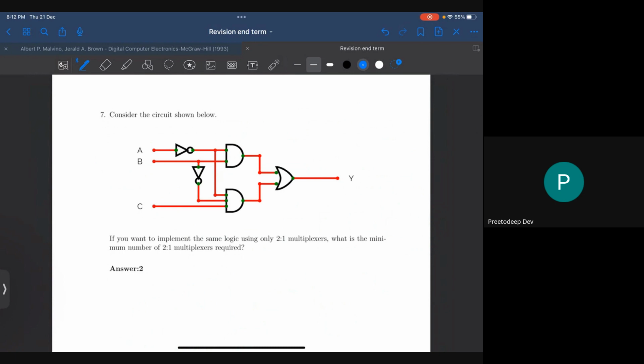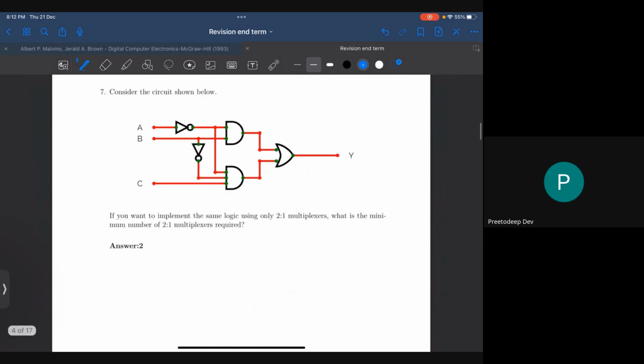Consider the circuit shown below. If you want to implement the same logic using 2 to 1 multiplexers, then what is the number of 2 to 1 multiplexers required? So how to solve this question? Let's find this.